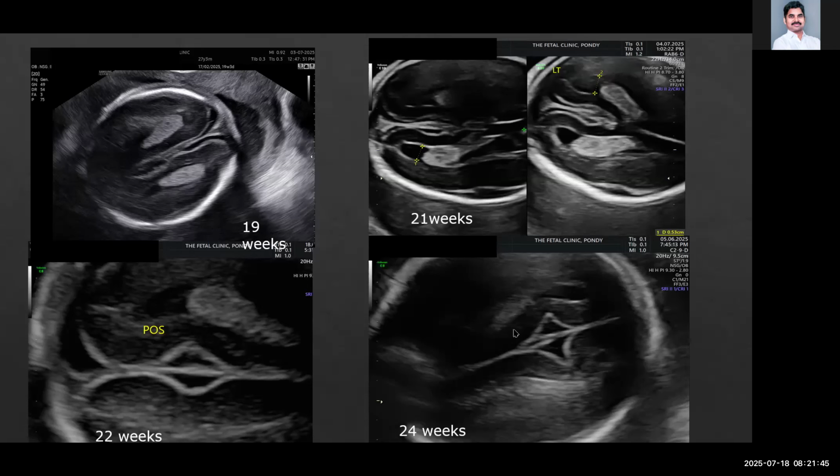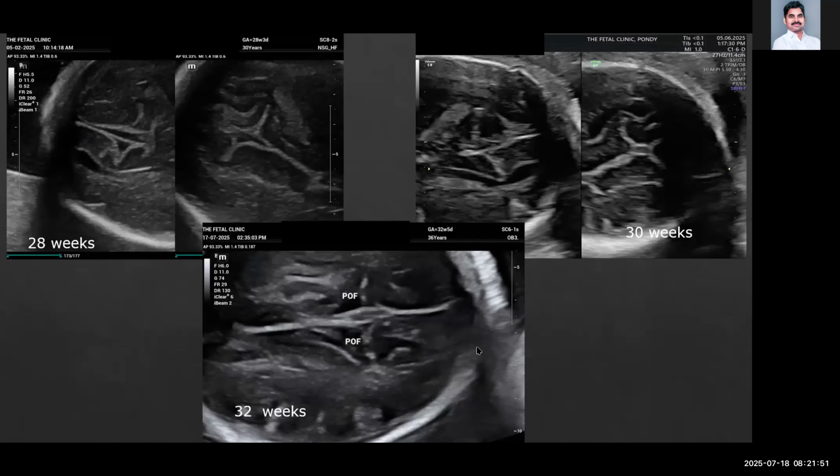At 24 weeks, the indentation still deepens and it forms a standing diamond. Here now the limbs of the V come closer to each other to form a narrow V at 28 weeks. At 30 weeks, the arms are opposed to each other to form an I-shaped configuration. This is at 32 weeks where a mature parieto-occipital fissure is seen.